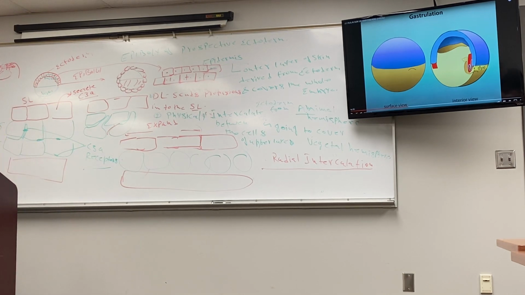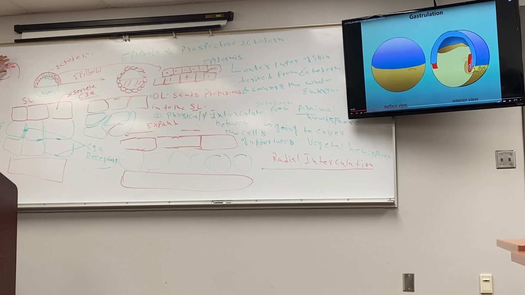So what is happening? We are saying that epibole is a process by which these ectodermal cells are going to cover the whole embryo to make epidermis, the part of the skin. And we are saying that process happens because of two main mechanistic events. Number 1 is the increase in the number of cells.